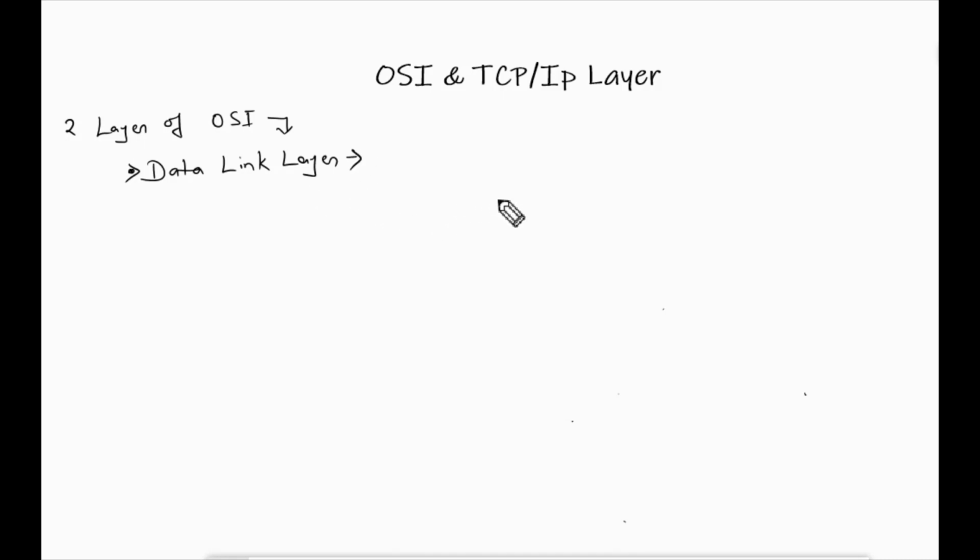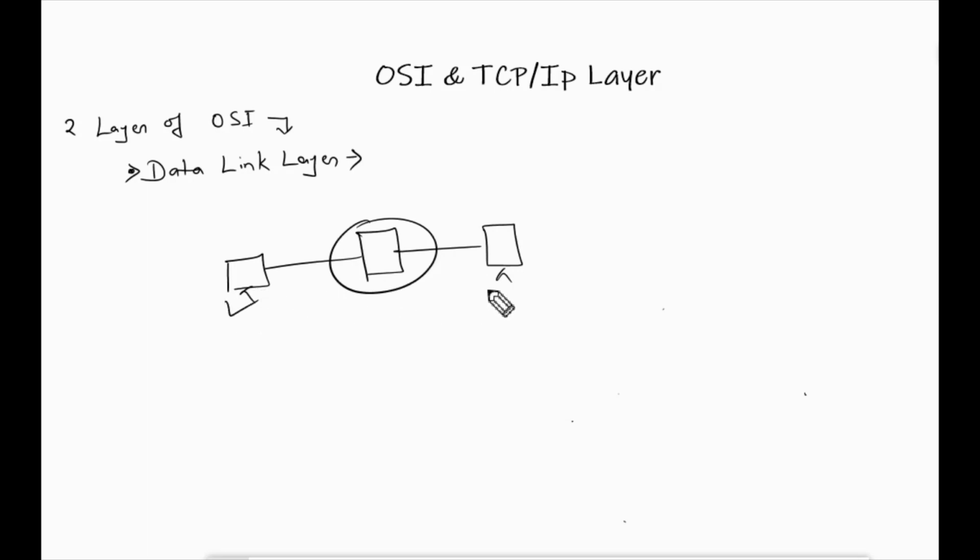This layer allows you to define the protocol to establish and terminate connection between two connected network devices. So basically, you have a computer, in between you have a switch, and then you have a computer. This switch works on data link layer. So basically this is providing a communication between two computers within the same network.